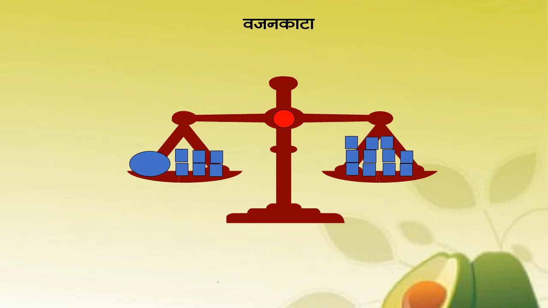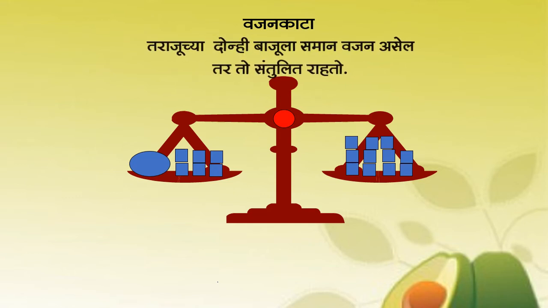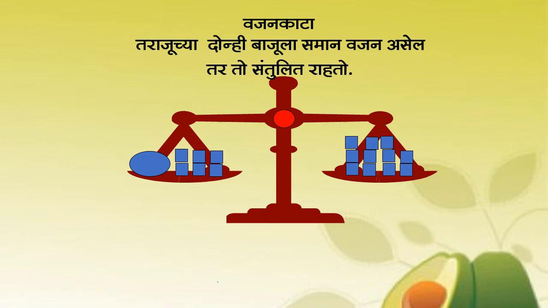Dear friends, this is a weighing scale. Observe this picture carefully. Now we know that if there are equal weights in both pans of a weighing scale, then the scale is balanced, right? Now on the left hand side, what will you observe?